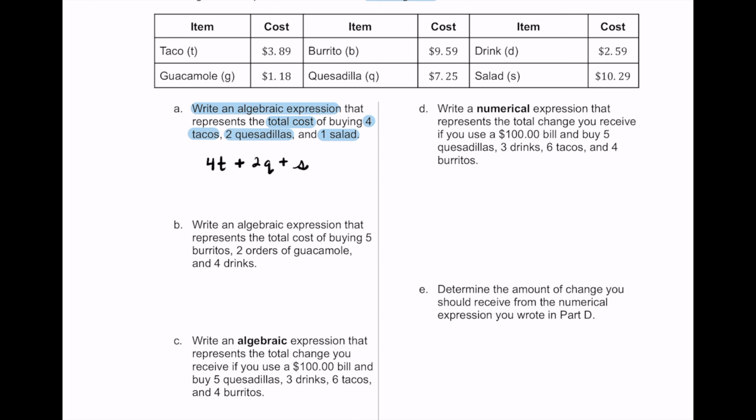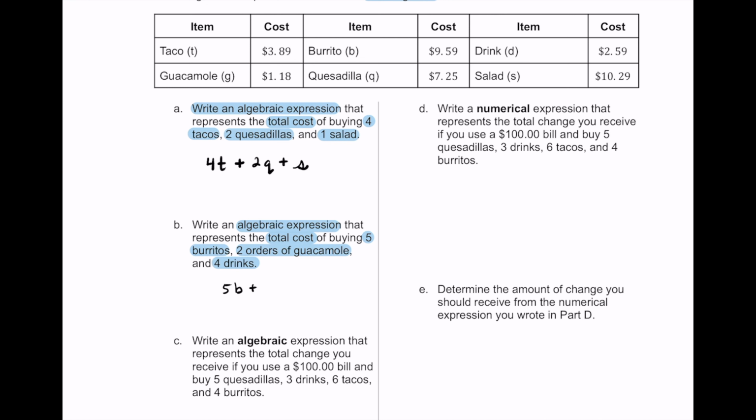Let's take a look at B. For B, it says, let's go ahead and write an algebraic expression, so very similar, that represents the total cost of buying, let's see, we're buying 5 of these burritos, then we're buying 2 orders of guacamole, and 4 drinks. Okay, so total cost, we're going to add up stuff again here. So we have 5 burritos. The burritos is going to be B. So we're buying 5 of those, so 5 times whatever the cost of that is, plus.